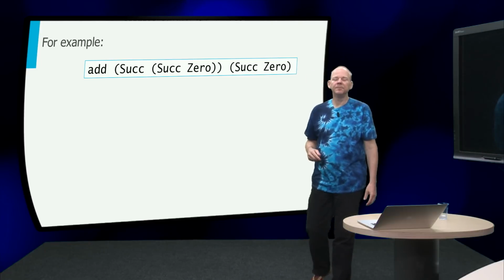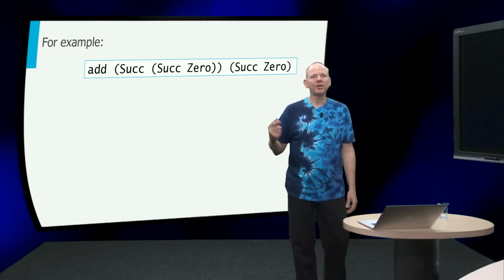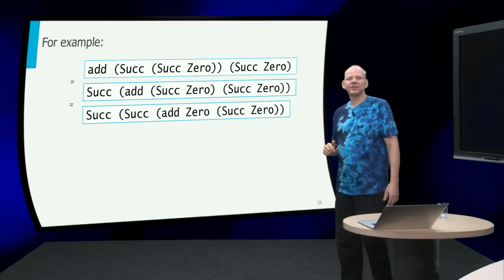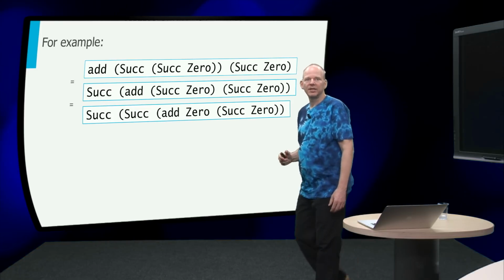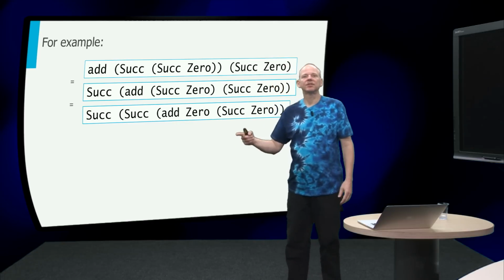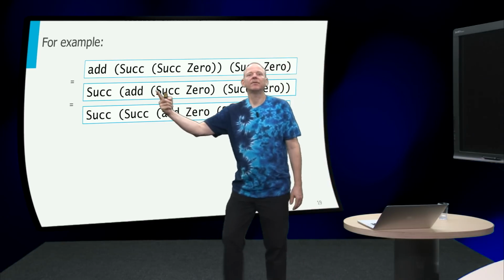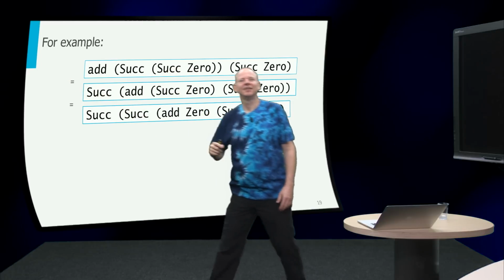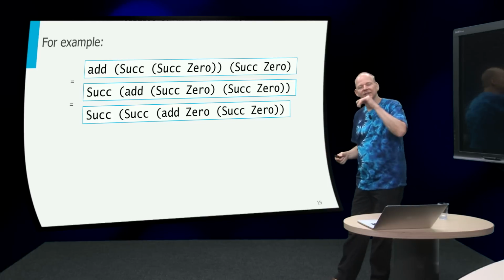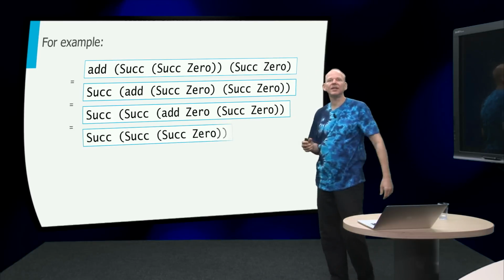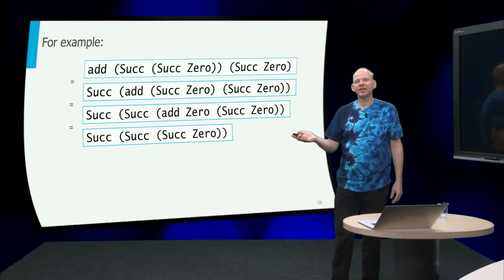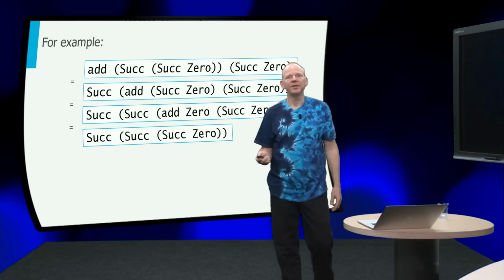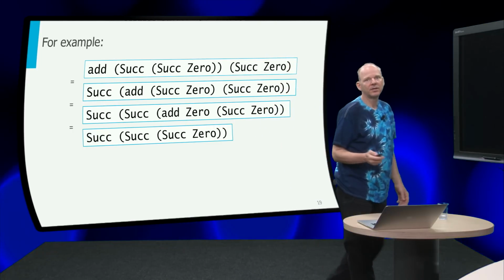If we execute an example, say we want to add 2 to 1, we recursively push the addition inside and take one of these Sucs outside. We do that several times. You see that the add gets pushed inside until it hits the 0. And there we go: if we add 2 plus 1, we get 3.